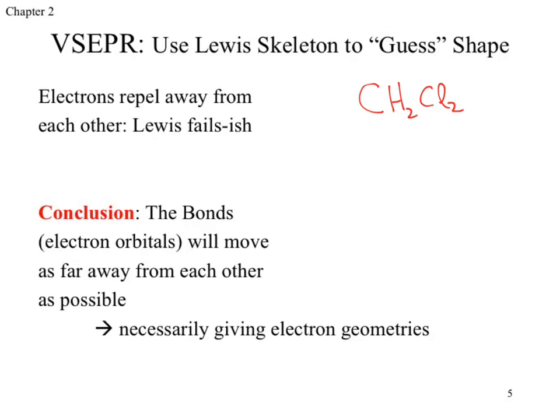The reason why Lewis fails is that if I draw the Lewis structure for this, I can come up with this structure, right? Does everybody agree? Is there another structure I could have drawn? You've drawn the chlorines opposite of each other. Put the chlorines on opposite sides.